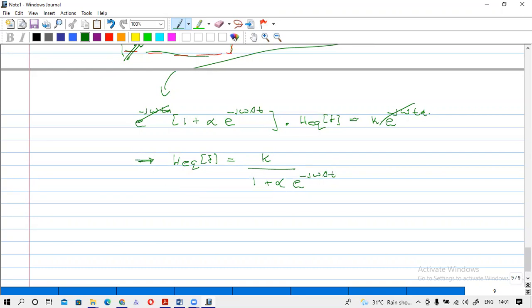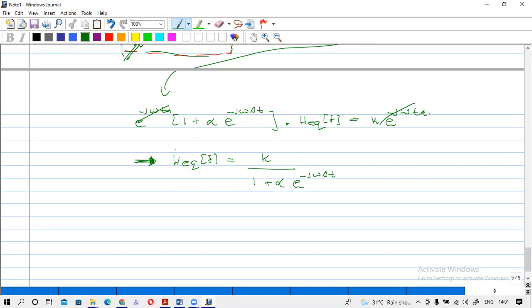So this is our equalizer transfer function, not the given transfer function.